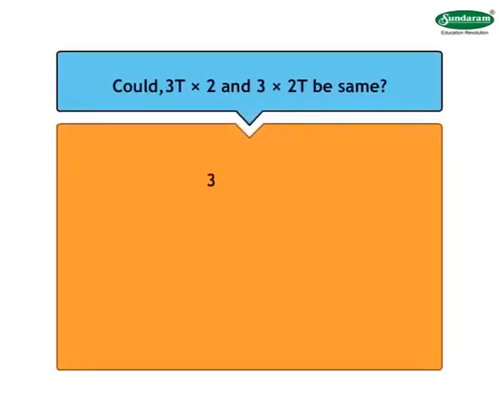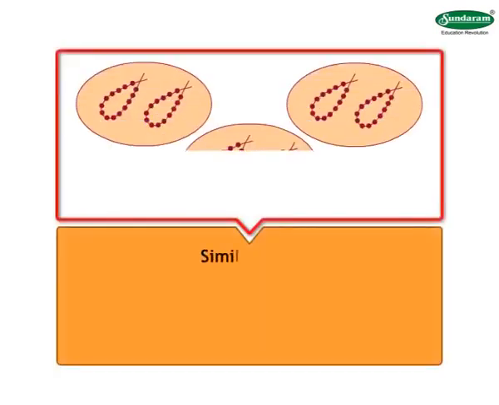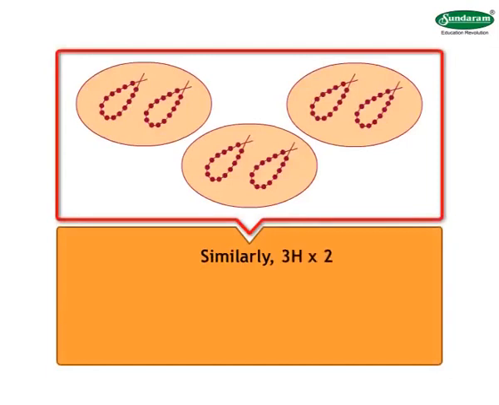Now, 3 into 2 tens is equal to 60, as it is 2 tens taken thrice. Similarly, 300 into 2 is equal to 3 into 2 hundreds is equal to 6 hundreds, which is equal to 600.